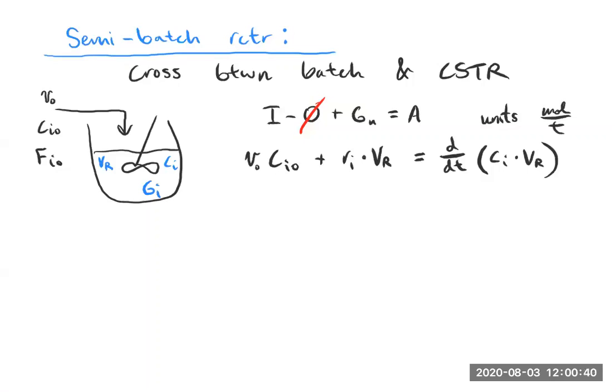That's partly why I wanted to have it in terms of concentration, because if I did it in terms of moles, since we have an accumulation term, I didn't want to end up with a dNi/dt and an F for I. You could have F and N, and you need some way to make those two similar. And so what I've done is use concentration. But what you can see here now is that VR is in a time derivative and might not be able to come out. And that's because VR is often a function of time.